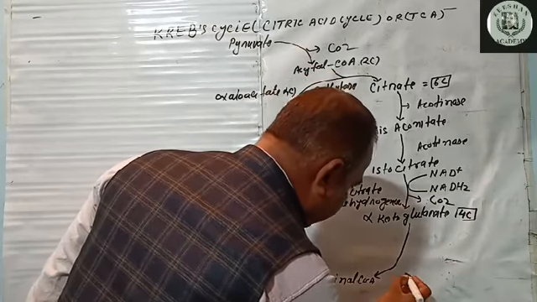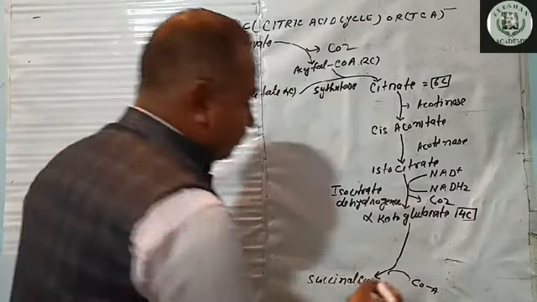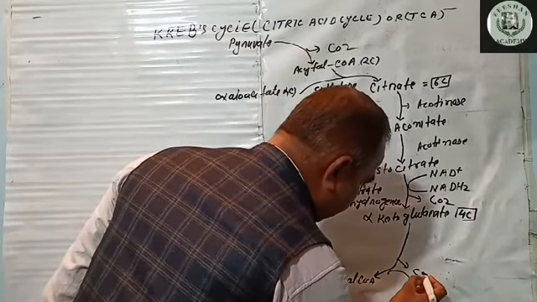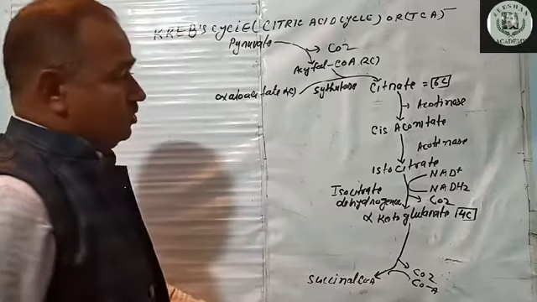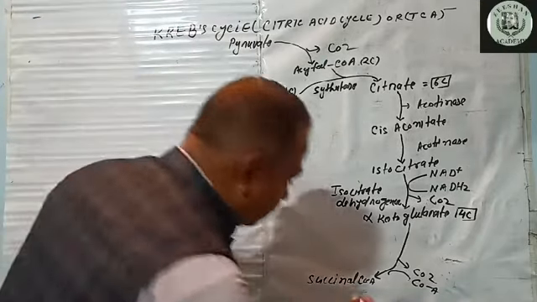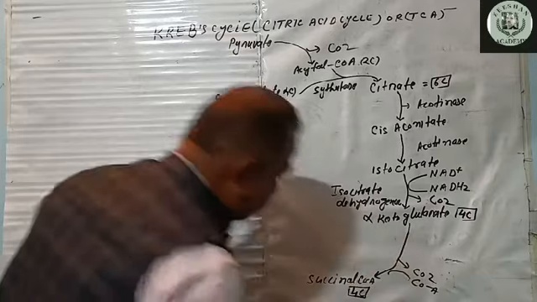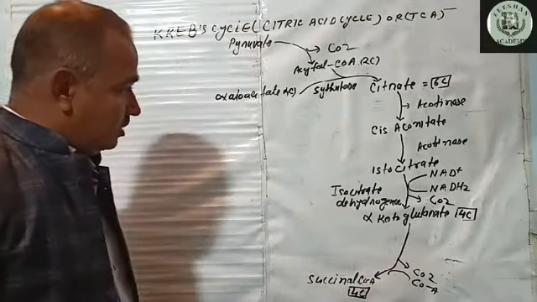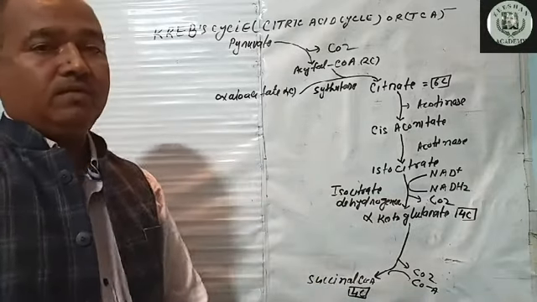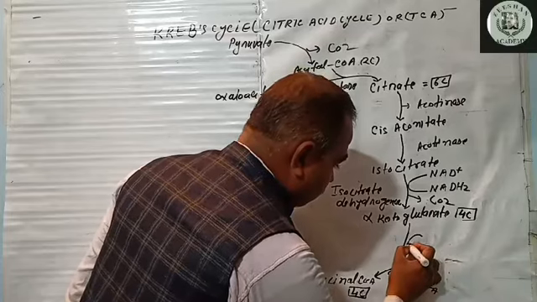Here 1 mole of CoA is added, 1 mole of carbon dioxide is released. In reference to carbon number, it is also a 4-carbon molecule. In this step, once again 1 molecule of NAD is converted into NADH2.